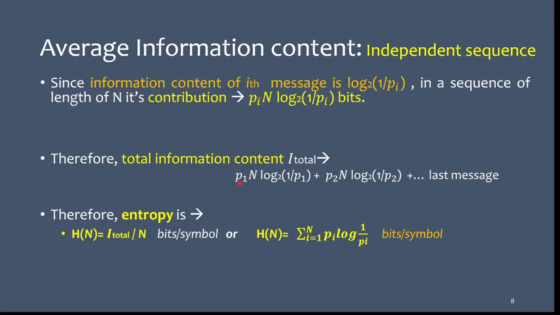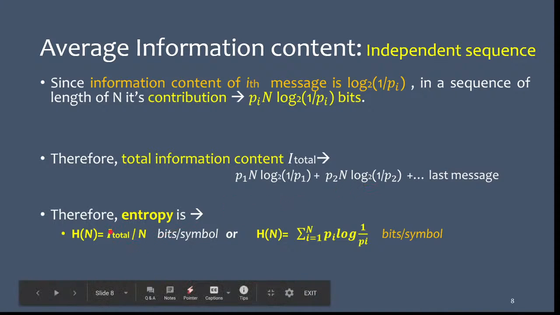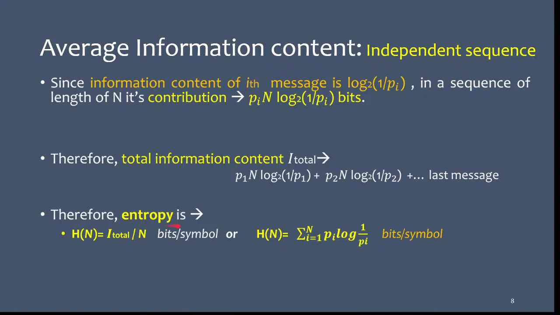It is not just p1 log 1 by p1, no, it is p1 n log of 1 by p1. So altogether, when we add up the information content of every message, we get the total information content. When we divide this total by the number of messages, we get the average. Average is nothing but the entropy.